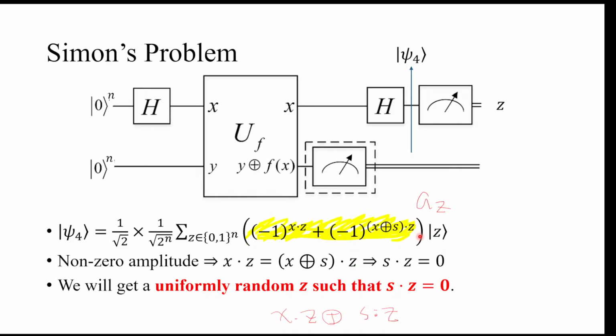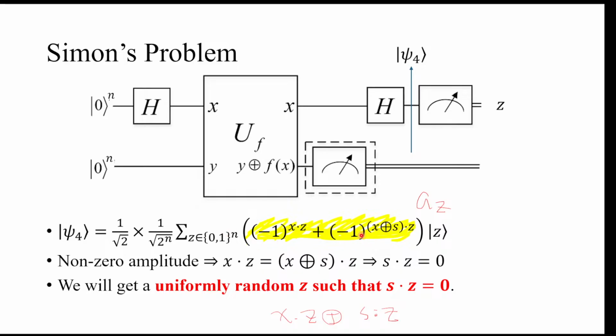Now, just like in the previous analysis, we have a lot of possible z, and we want to see which z actually have a probability of getting measured, meaning those z with a non-zero coefficient. For the coefficient to be non-zero, we want these two terms to be equal, because if they are different, then the plus 1 and minus 1 will cancel out.